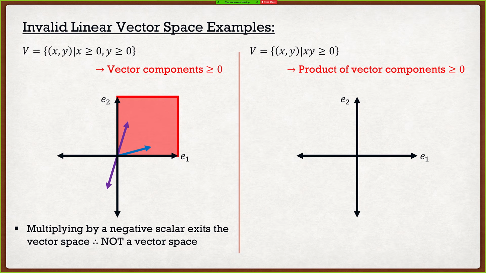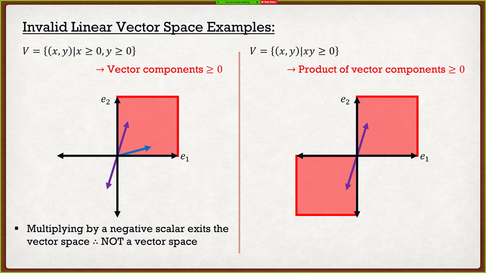If I say -2, -2, of course, -2 multiplied by -2 is also positive 4. So in this case, we actually have two ways this can go. If I look at that purple vector again and multiply it by -1, as we can see, we are still in our vector space, which is good to go.